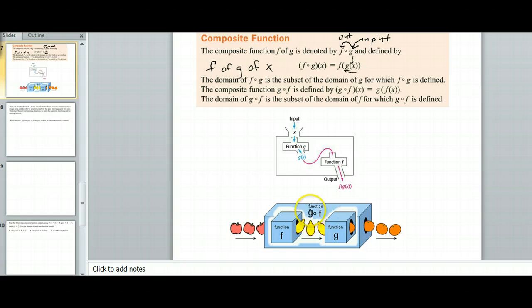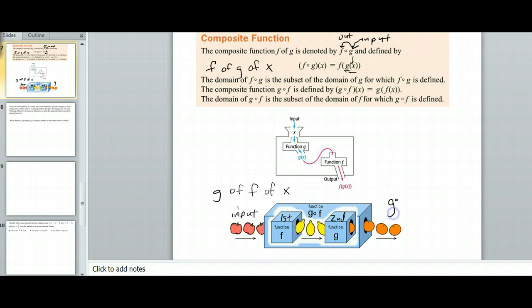Now, if the order is different, then we have a different order going into the functions. If it's g of f of x, which is what this one down here is, now the inputs go into f first, and then the outputs of f go into g second, and then we get the overall output.